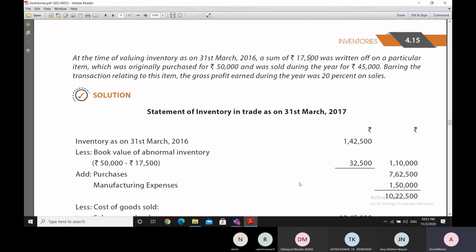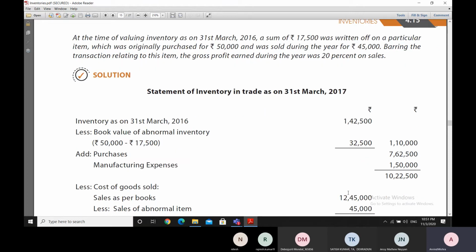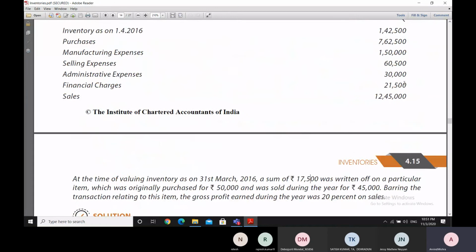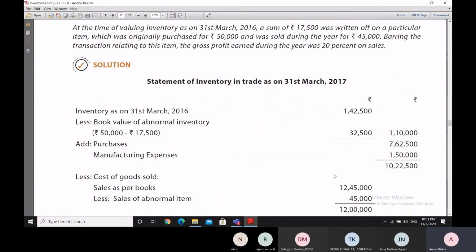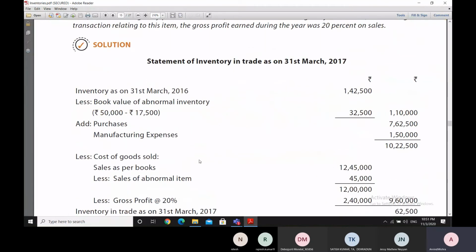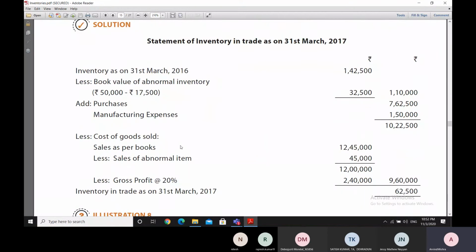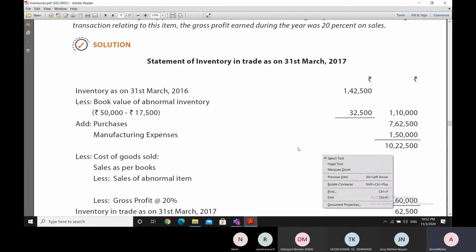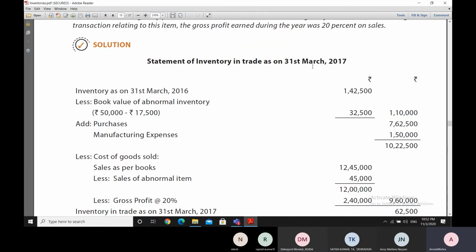Then thereafter we add the purchases to the opening inventory and we add the manufacturing expenses, which are given here. After adding the manufacturing expenses, we are reducing the cost of goods sold. So the cost of the goods sold is sales minus the sale of the abnormal item, which is 45,000, because this abnormal item was sold for 45,000.